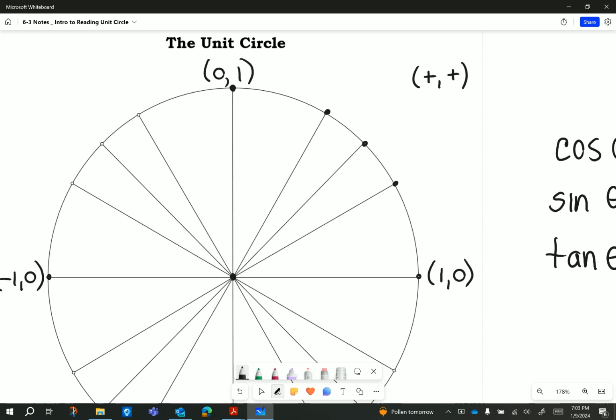X and Y is always positive. So when you make these coordinates, you are going to notice that all these numbers are going to be fractions. So when you're taking the timed unit circle quiz, just go ahead and draw the little fraction bars for yourself, because they're all going to be fractions, okay?